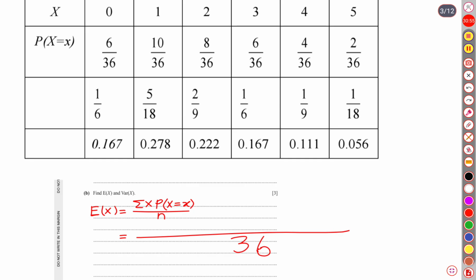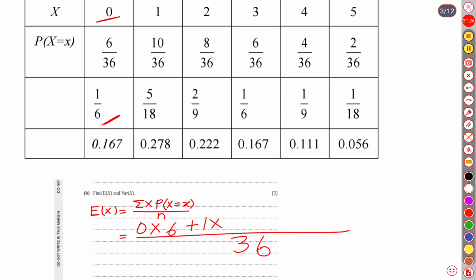This is our probability distribution table. When X is 0, the probability is 1 over 6. Let us substitute the values.